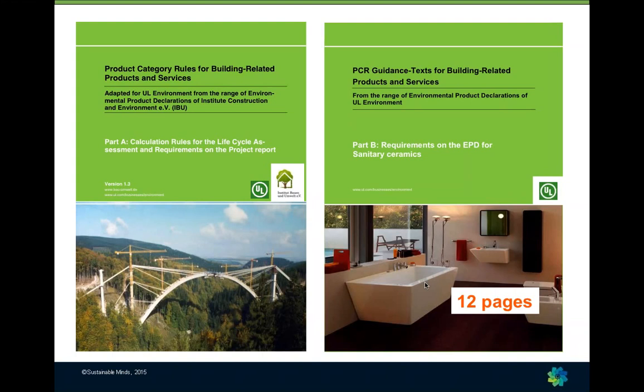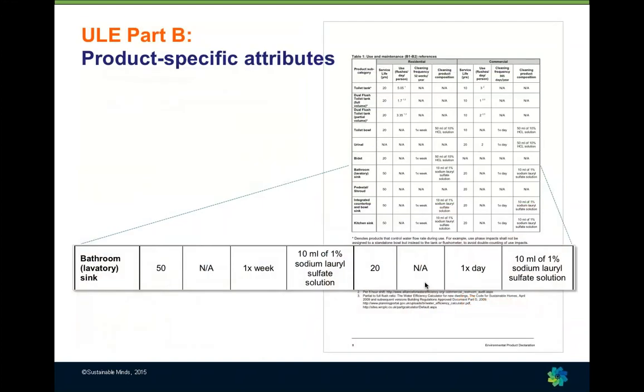We think we actually have an approach that serves the needs of manufacturers and the users of environmental performance information a little bit better. In the Part B, there is one page that lists some product-specific attributes for the use and the maintenance phases. So this is the only reference to lavatory sinks in the entire PCR in Part B.